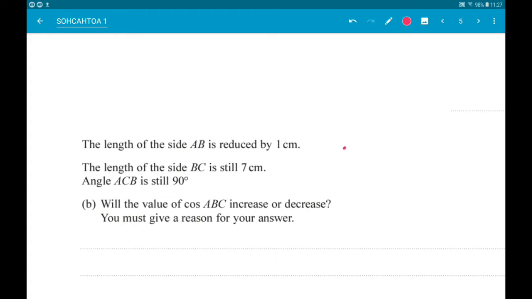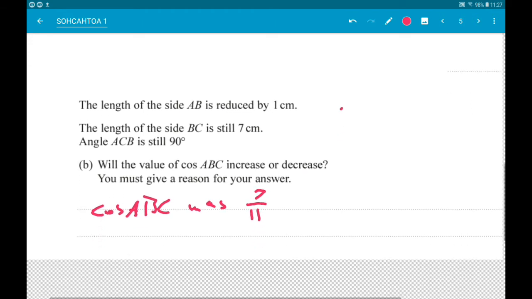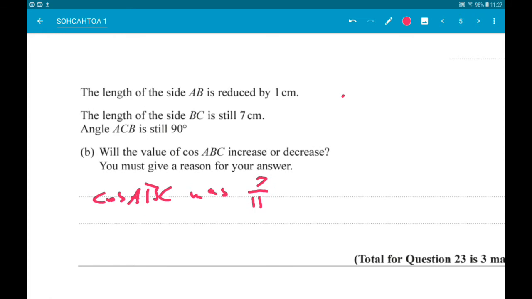So, cos ABC was 7/11. cos ABC is now 7 over 10.